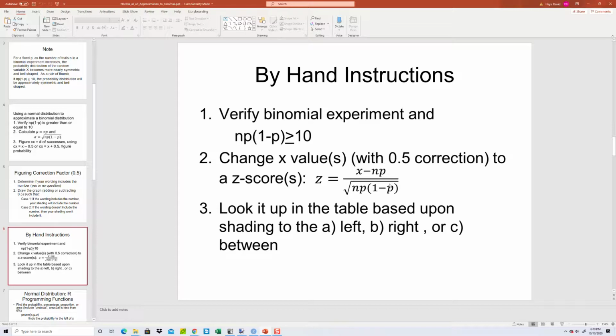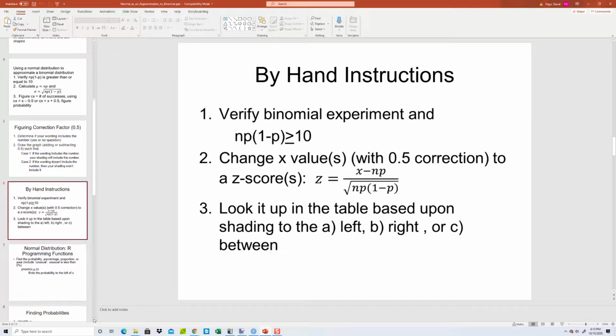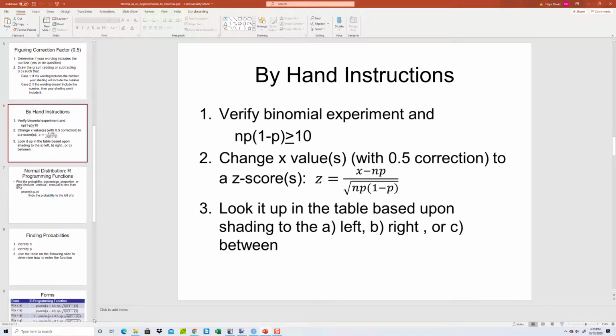The bottom part is our standard deviation, the square root of n times p times 1 minus p. Then look it up in your table based upon shading to the left, right, or between, and figure out what the probability is. So it's not horrible by hand. I'm not going to show it, but if you like the previous video where you saw how to do it by hand, that's how you do it.